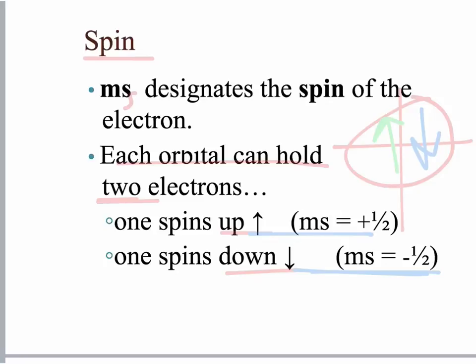Now, so people don't confuse it with the other quantum numbers, for some reason they've chosen to designate it as 1/2 for both of these. So instead of being a +1, it's actually a +1/2 and a -1/2. And I'm sorry if you're totally confused, but I promise it's going to come together soon.